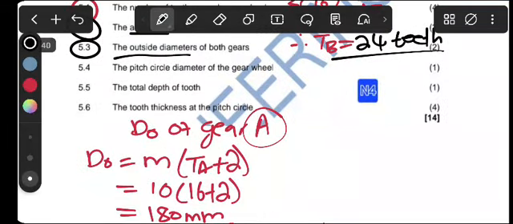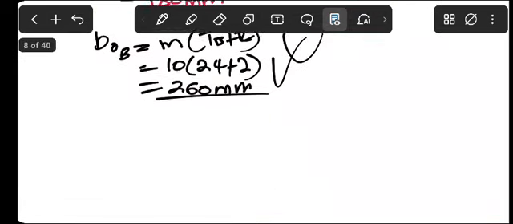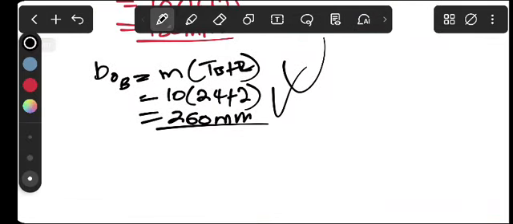Alright, so you are done with this body. Now go to 5.0. It says determine the PCD diameter of the gear wheel. Gear wheel is the one of P. We know the teeth of the gear wheel is the one that we found there.